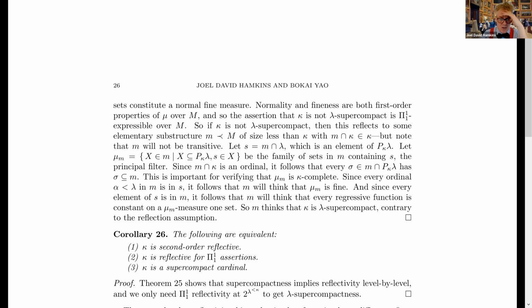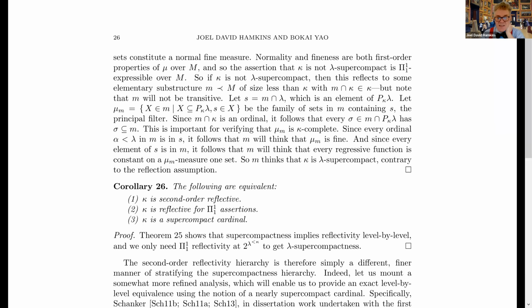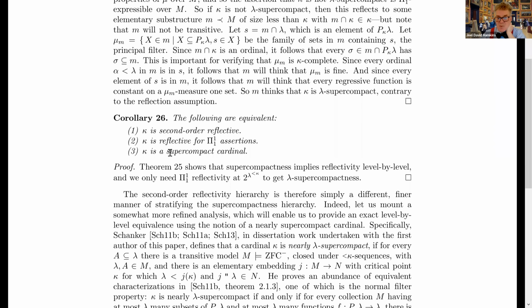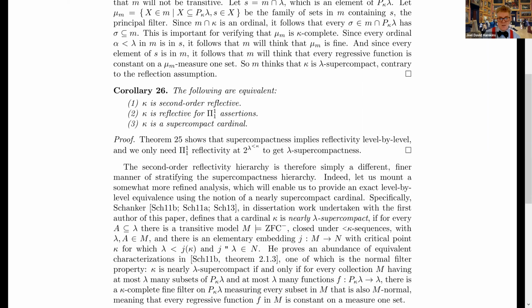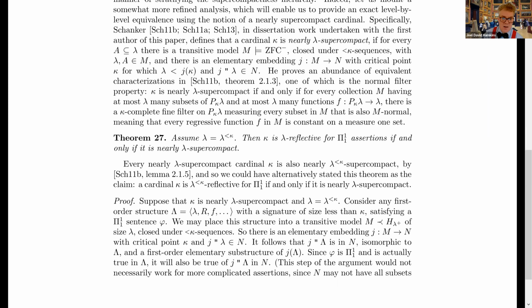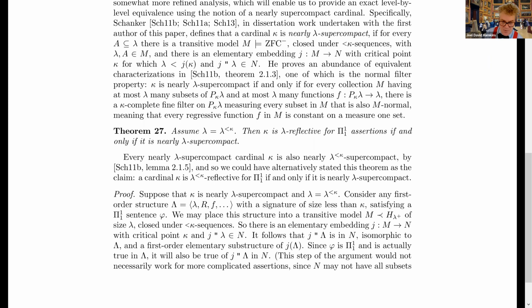Okay, so what that shows is that being second order reflective is the same thing as being supercompact, even when you restrict it just to pi11 assertions. So there's this tight connection between supercompactness and second order reflection. Okay, so now, in fact, we get a level by level version.